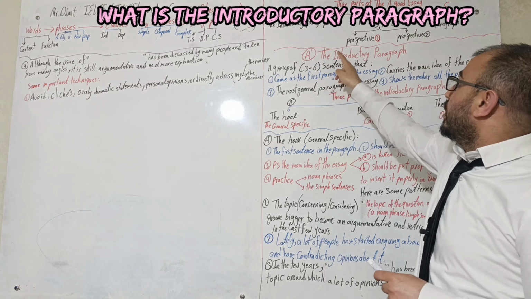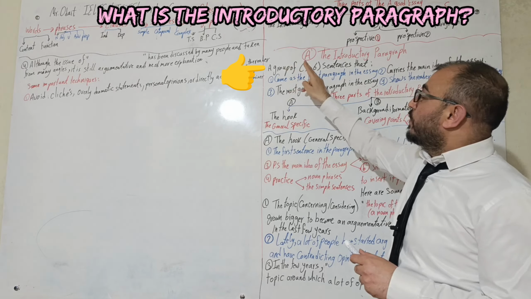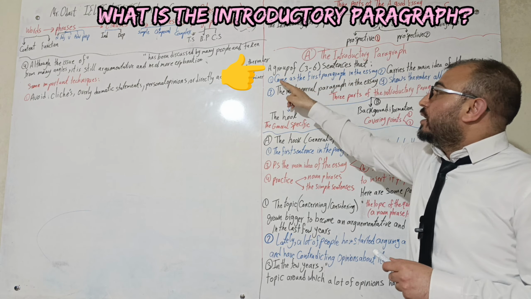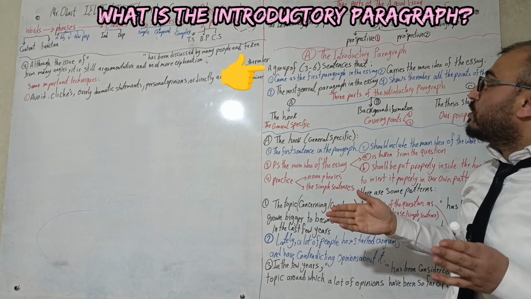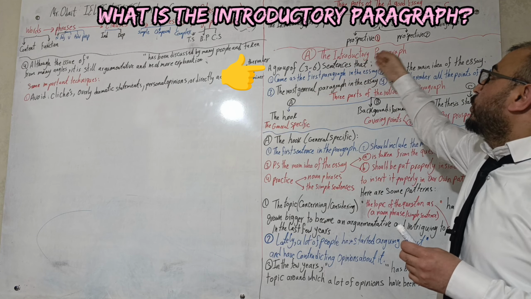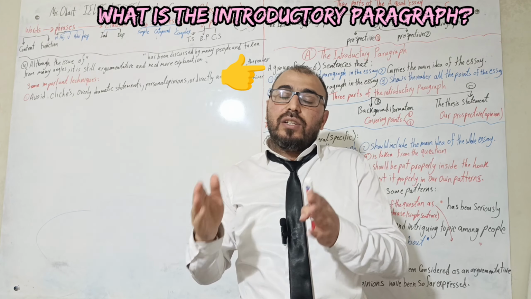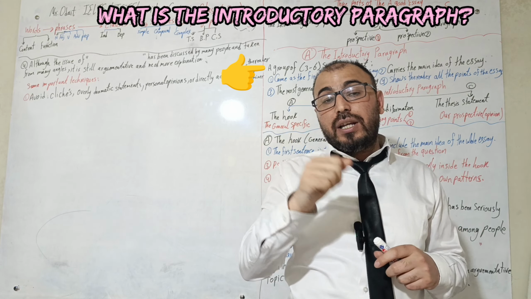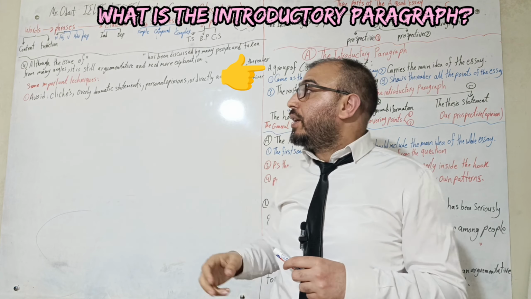Here, my friends, what is the introductory paragraph? The introductory paragraph is a group of 3 to 6 sentences that come as the first paragraph in the essay. As you know from its name, the introductory paragraph represents the introduction of the essay, and it should come at the beginning of the essay.